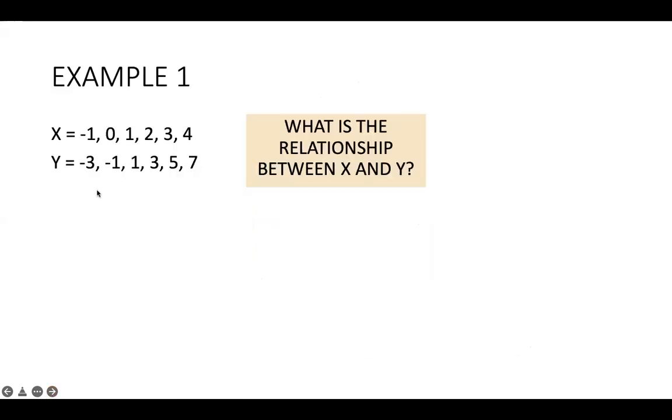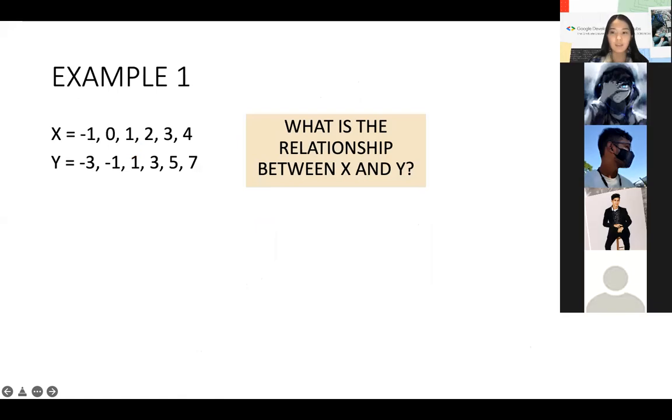And imagine the simple example of having 2 arrays, X and Y. Do you know what's the relationship between X and Y? By the way, don't worry about wrong answers. Just unmute yourself freely and share your ideas.